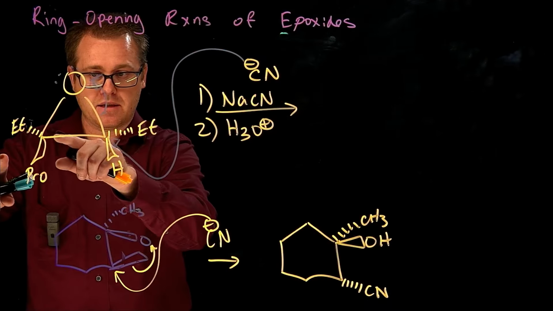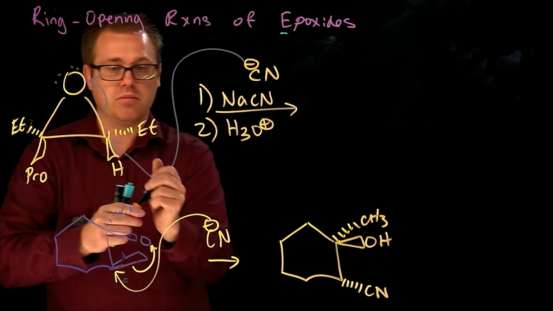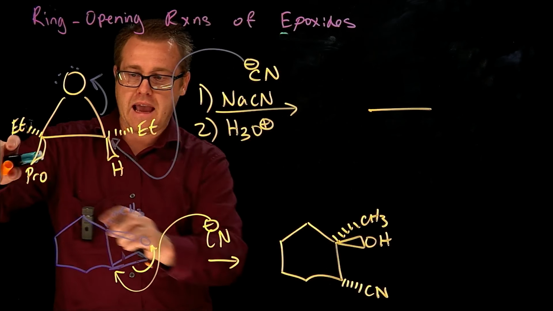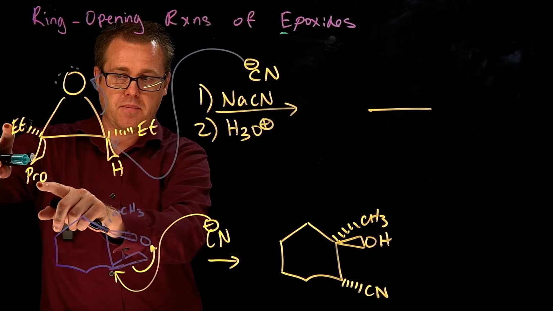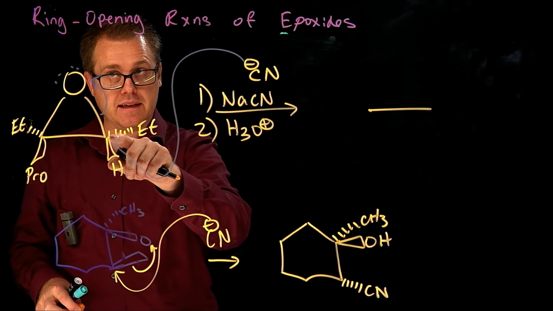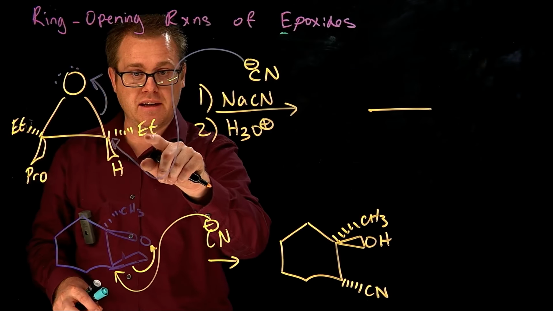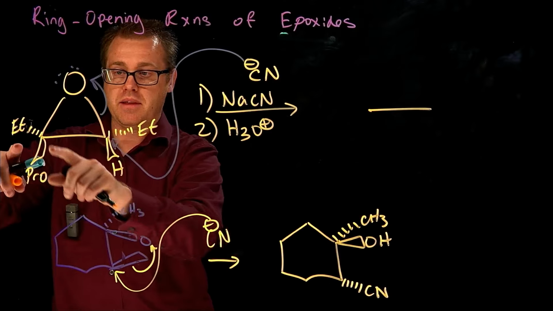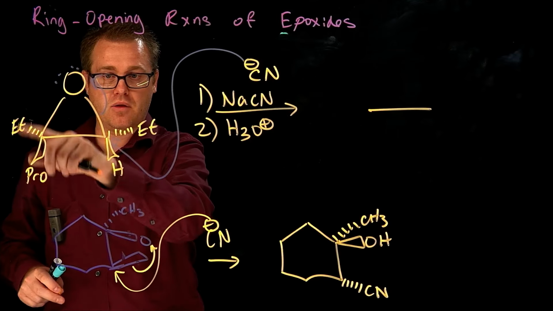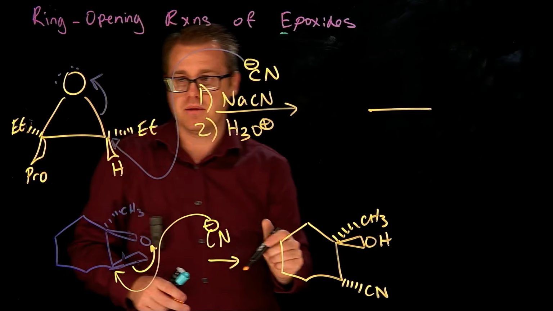You take this carbon 1, carbon 2, just draw it, and then you look at all these groups here. Why did this cyanide attack this carbon? Because it's less substituted. It has a hydrogen and an ethyl, but this carbon over here has an ethyl and a propyl. So it's more crowded over here. That's why it chose that carbon.